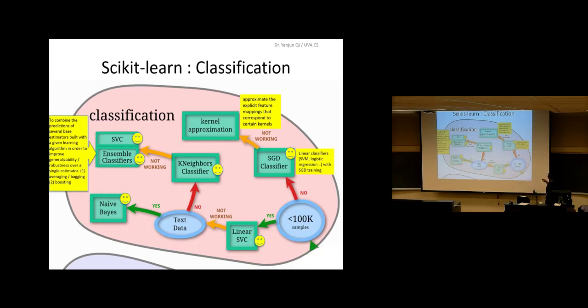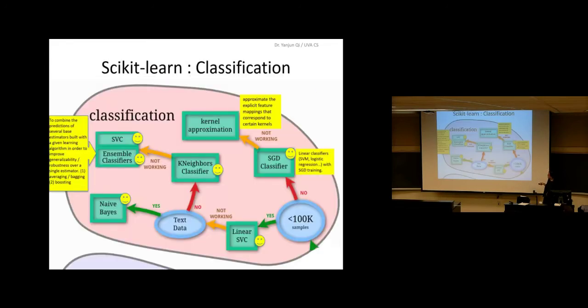And there's another direction. If there are too many samples, you again use the stochastic gradient descent trick, using the SGD version of the classifier. This is mostly a linear classifier. And if the linear classifier doesn't work, you want to add some kind of nonlinearities to move the linear classifier into a nonlinear classifier.